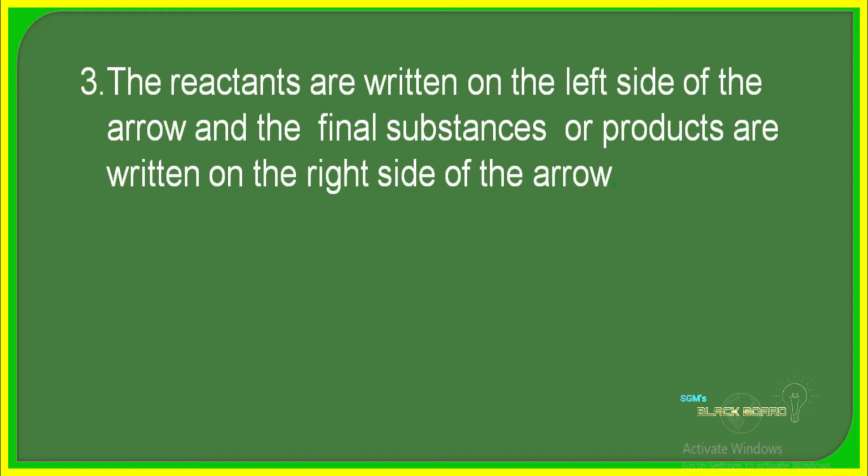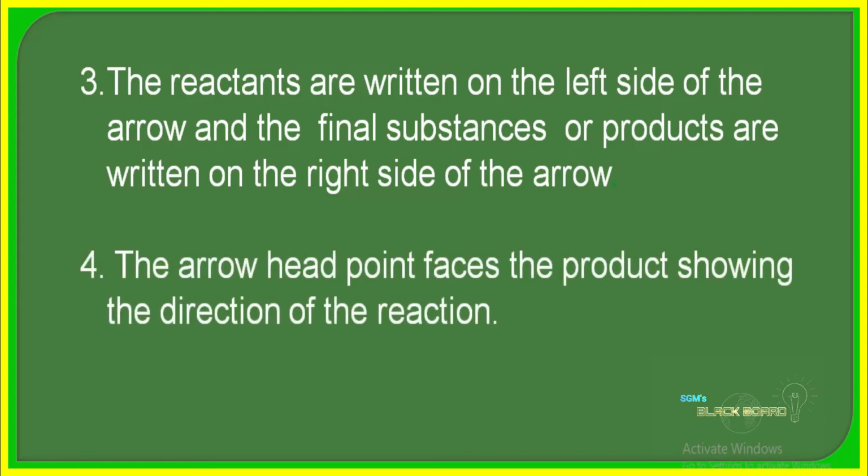The reactants are written on the left side of the arrow, and the final substances, that are products, are written on the right side of the arrow. The arrowhead points toward the products, showing the direction of the reaction.